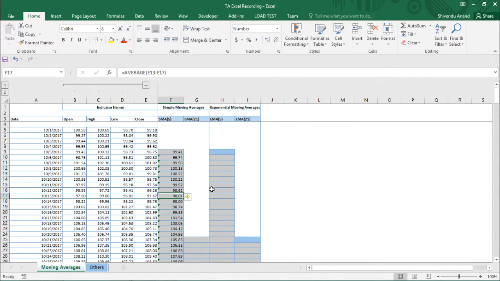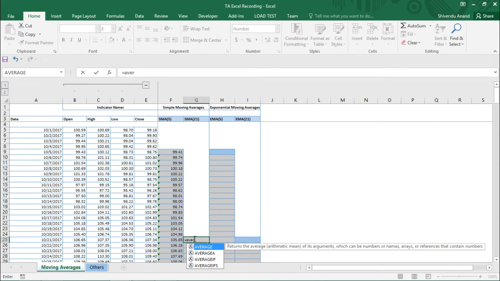Now the next simple moving average that we are going to calculate is for 21 days. Hence we'll take the average of 21 days in a similar fashion as we took it for 5 days, and we are going to apply the autofill function to get the average for the remaining days. So once again, for these 21 days I use average as a formula, press tab, the bracket gets opened, the formula gets selected, and we need to select the data.